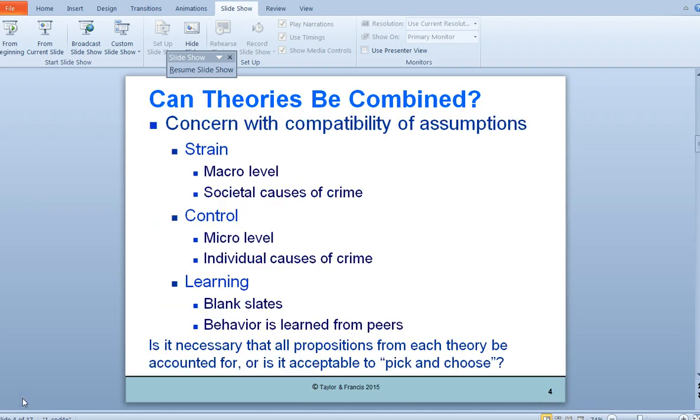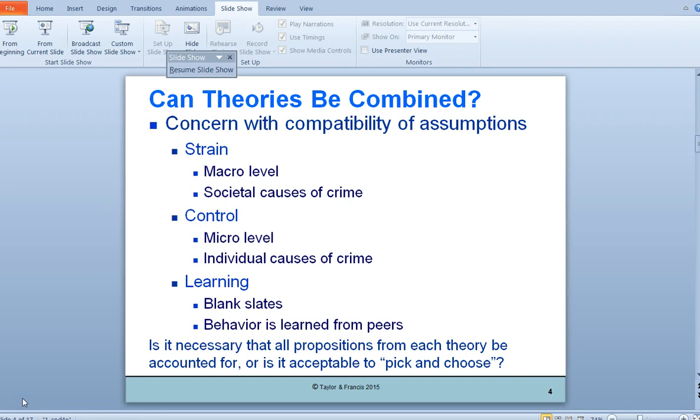Ruth Kornhauser, a researcher, suggested that social structural theories assume that a general consensus exists with regard to basic values expressed in the criminal law, which is why she believes that theories can be combined. We have to look at the concerns, though, and some of the issues with combining and integrating theories.